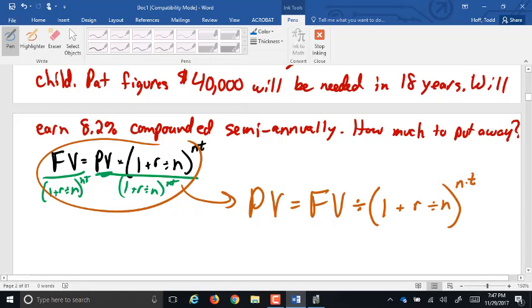So for our friend Pat up here, that present value is going to be the 40,000 that they want to have in 18 years divided by parentheses 1 plus, what's our rate? 8.2% becomes 0.082 divided by how many periods in a year?